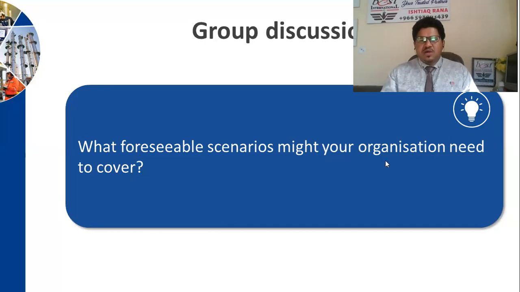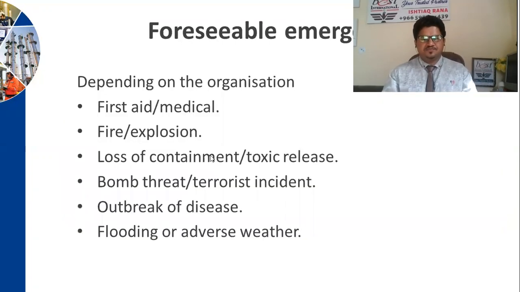What foreseeable scenarios might your organization need to cover? Think about your organization and which foreseeable scenarios you might need to consider, as a proactive approach. Foreseeable emergencies, depending on the organization, include first aid medical, fire, explosion, loss of containment like toxic release, bomb threat, terrorist incident, outbreak of disease, flooding or adverse weather.